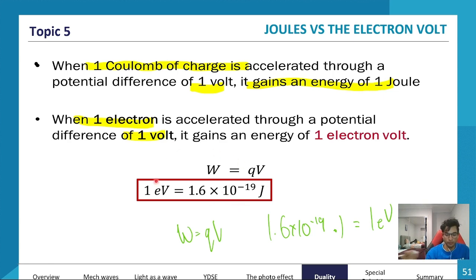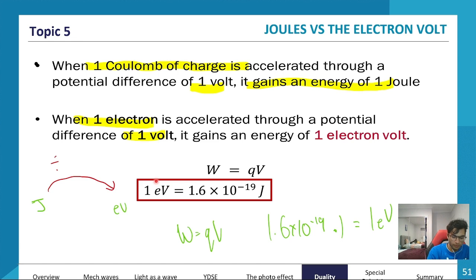If you want to convert between the two units, say we have joules here and electron volts here, to go from joules to electron volts you divide by 1.6 times 10 to the negative 19.